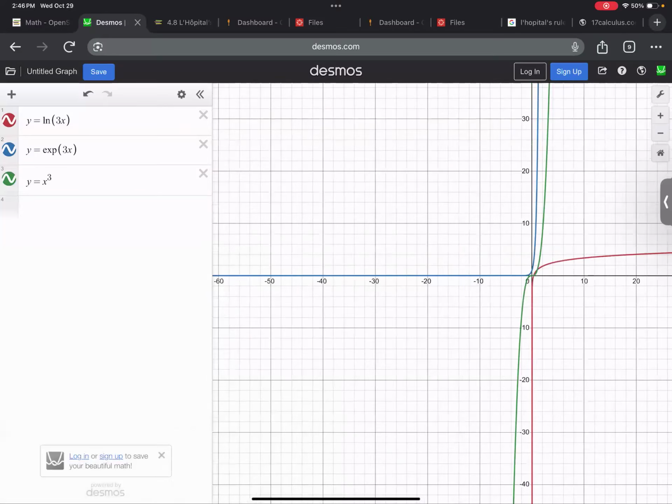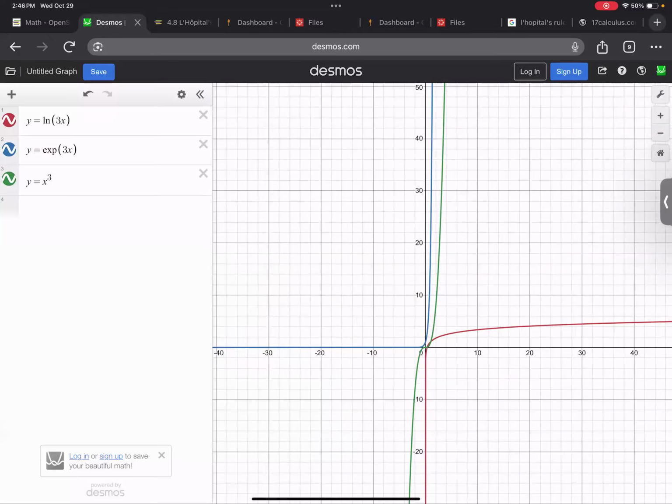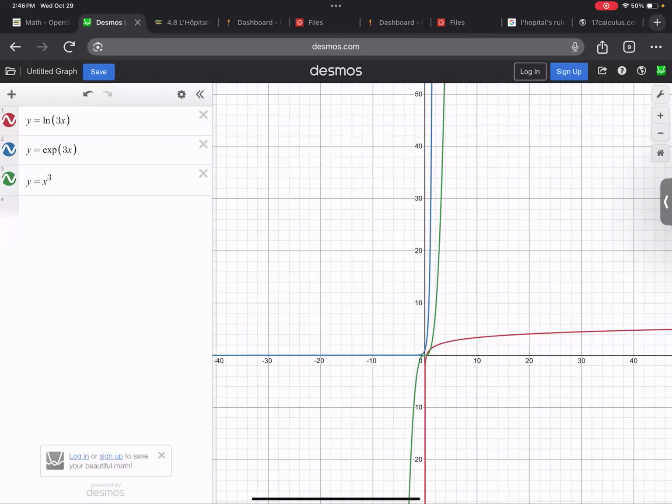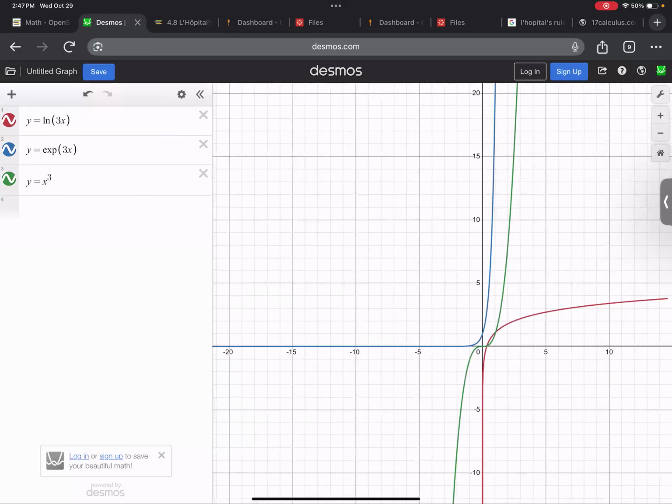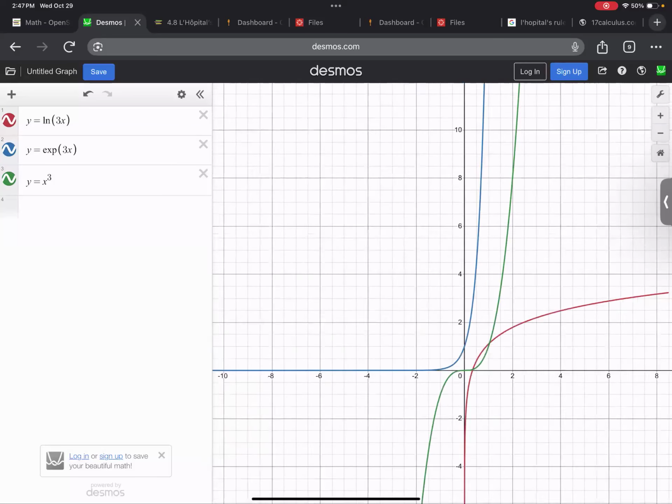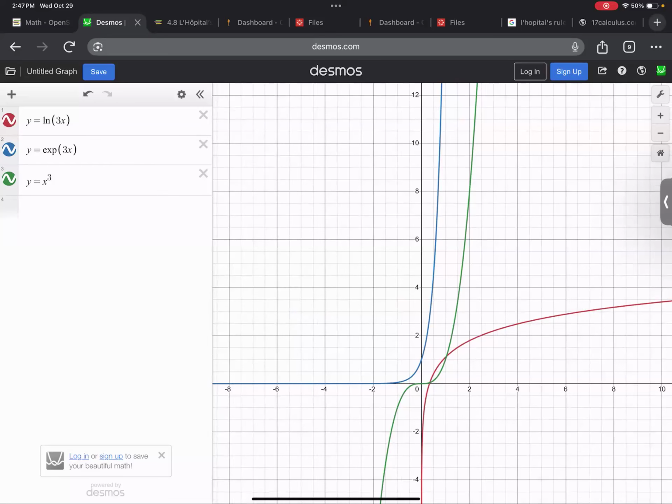So you'll notice as we go to the right, it doesn't show up as a pin right here. My blue line is the exponent, the e to the 3x, and x cubed is that. For any particular value of x, like let's say we do it at 1 here.